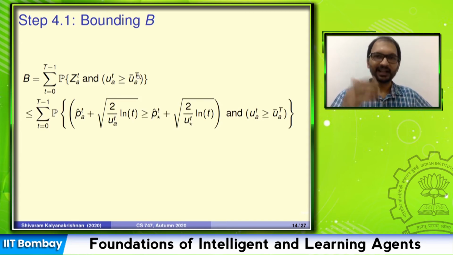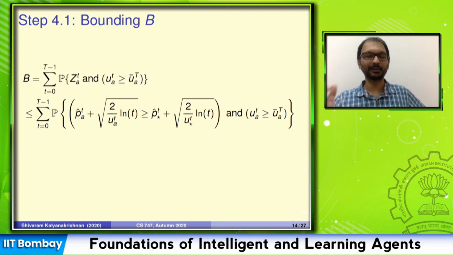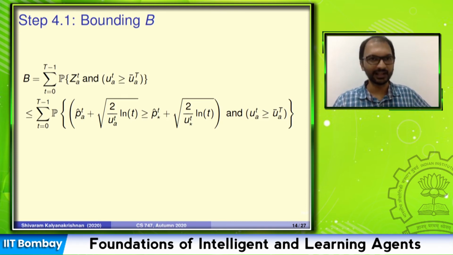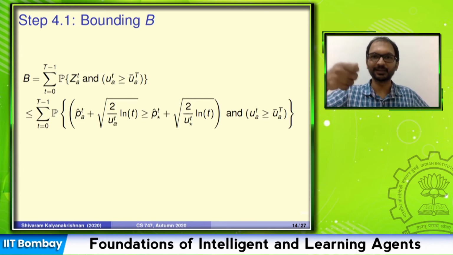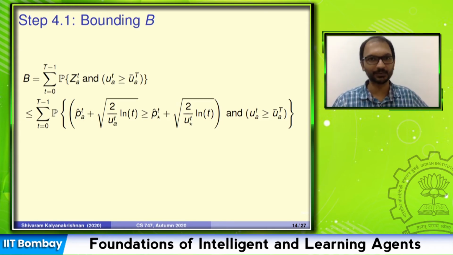Now let's see why this would happen. If Z_t^a happened, what does it mean? It means arm A got pulled. Why would an arm get pulled? Remember that we are running UCB. An arm gets pulled only if its UCB becomes the maximum UCB. So in particular, we can say that if Z_t^a happened, then the UCB of arm A must have exceeded the UCB of the optimal arm.